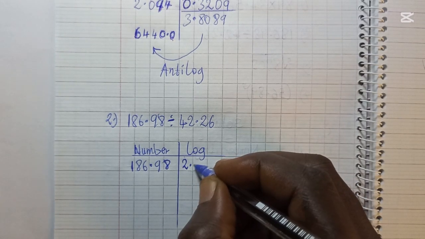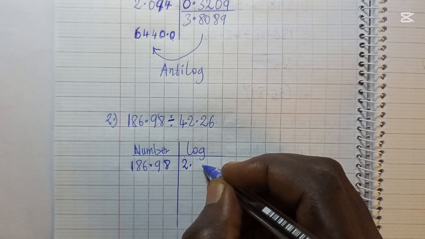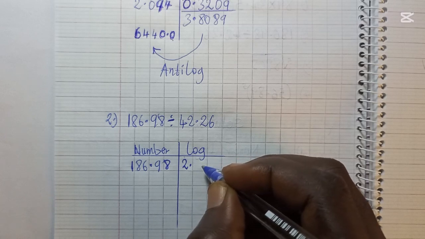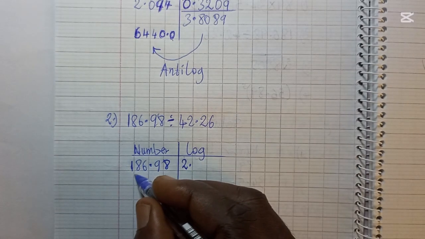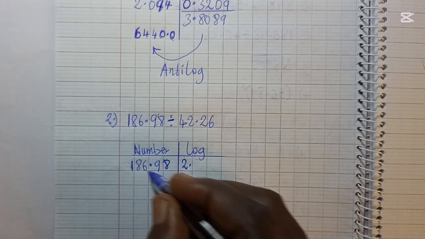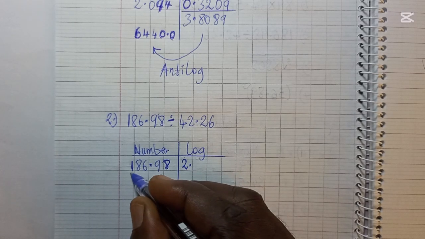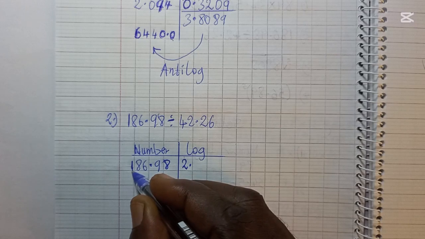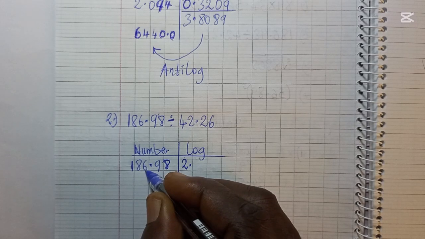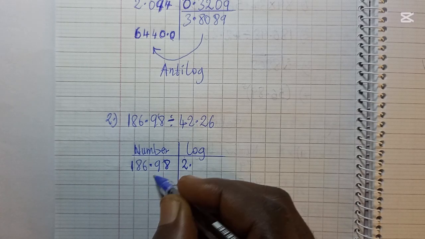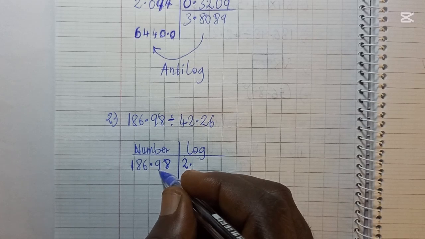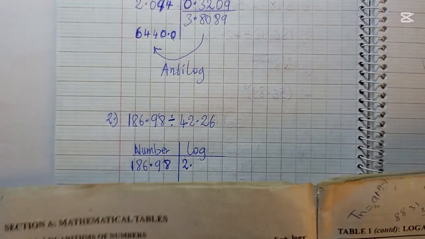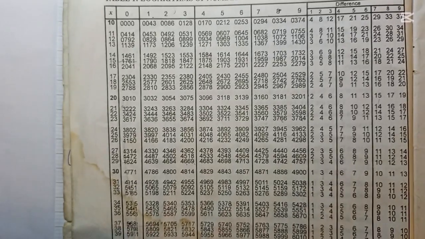Now to get the mantissa, the decimal side, we'll do 18 under 6 difference 9. Because we are considering 4 digits, using our 4-figure table, search for 18.